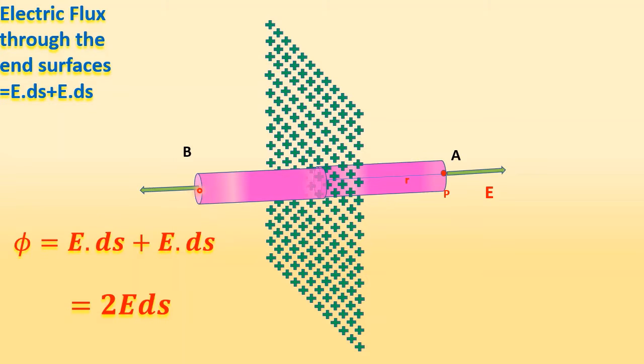The electric field is normal to the surfaces B and A, so we can write E dot ds as E ds. Therefore, total flux is equal to 2 E ds.